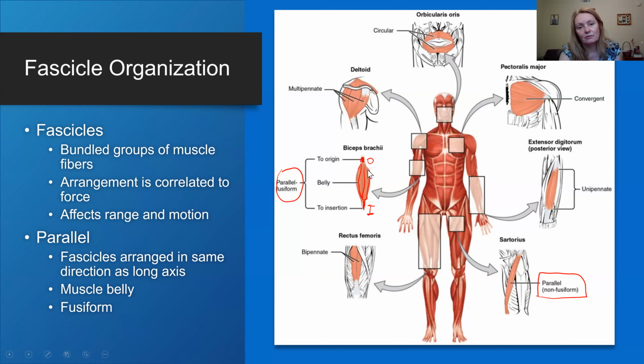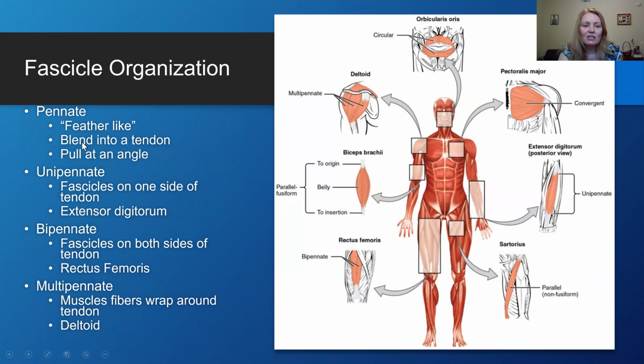So let's just say that fascicles can be arranged in a parallel pattern, and it's the most common for muscles in your body. Fascicles run parallel to a long axis. Sometimes they form a muscle belly, and then we call it fusiform.